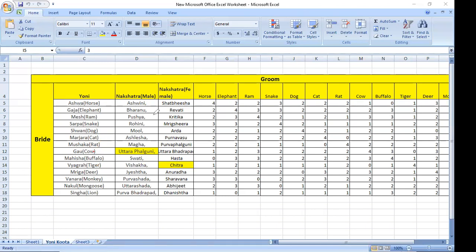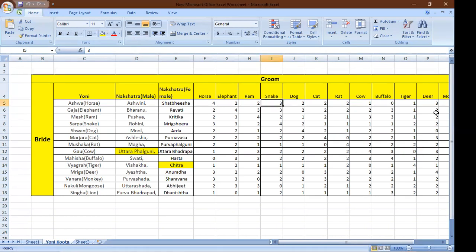What you need to do is go to the tiger, because the groom is tiger, and now you match it with cow. You just come to this particular house. Zero. There is just no sexual compatibility between the couple.